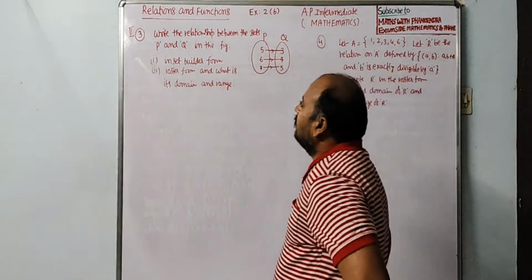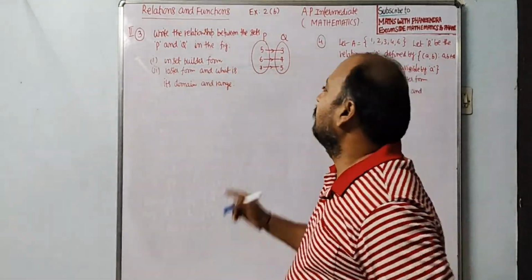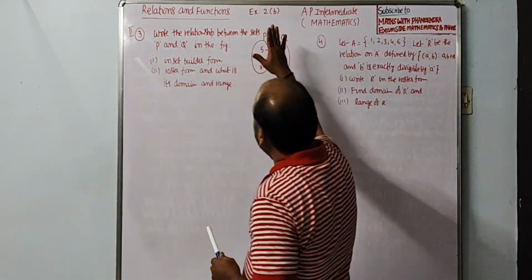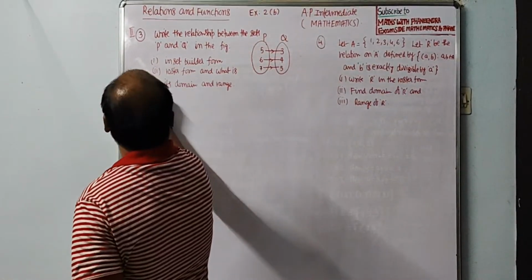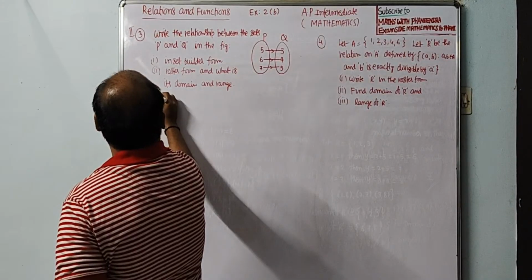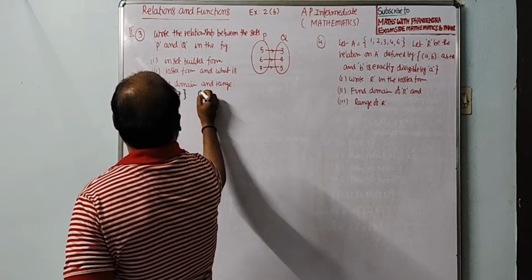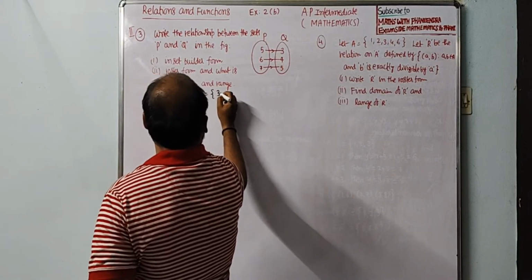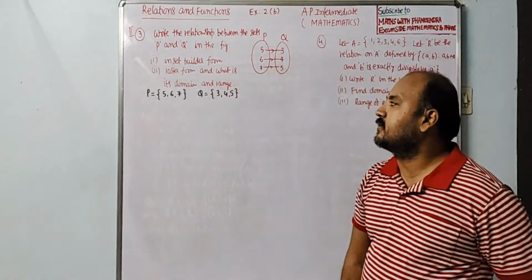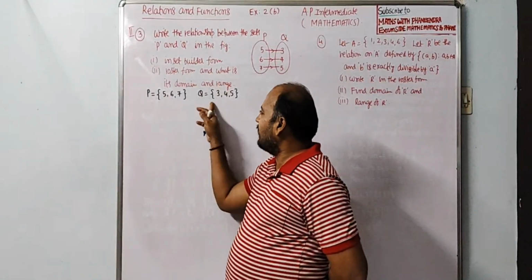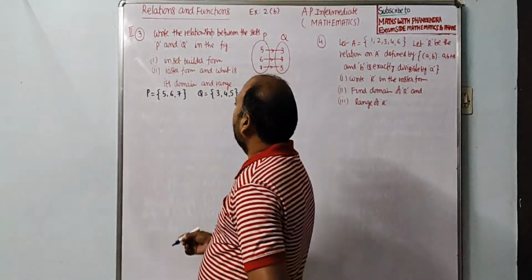See here, write the relationship between the sets P and Q. If you observe the elements which belong to P, here the P set contains 5, 6, 7 and Q contains 3, 4, 5. Okay, dear students, by observing, the difference of these two sets is 2. Am I right?